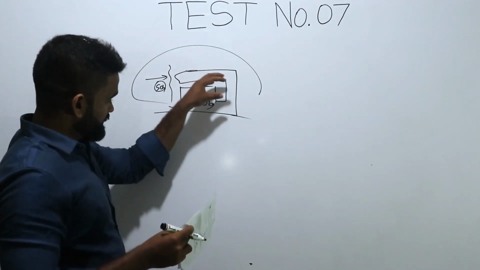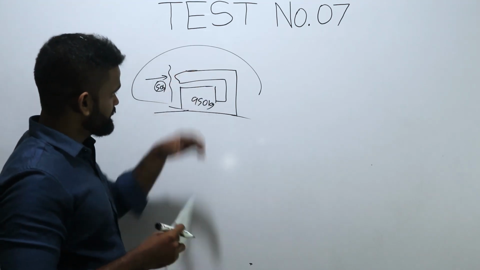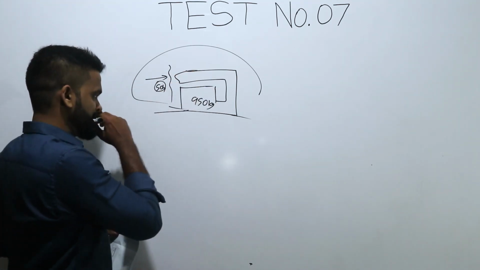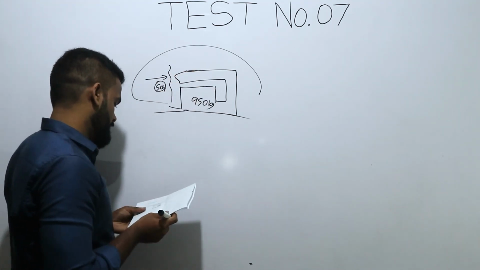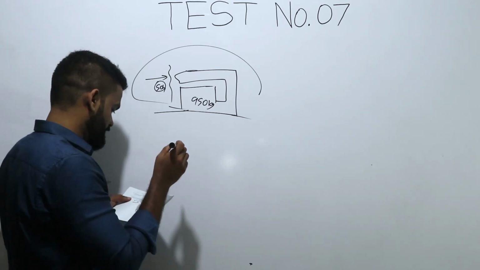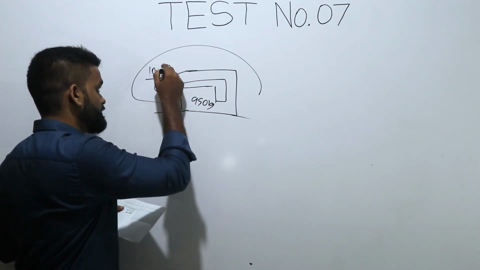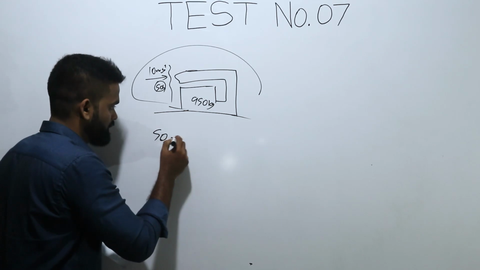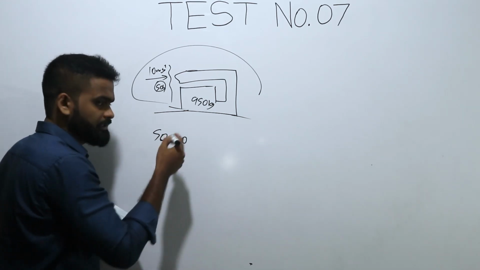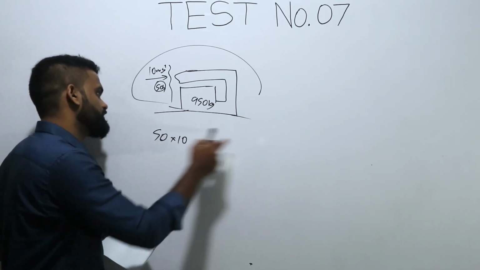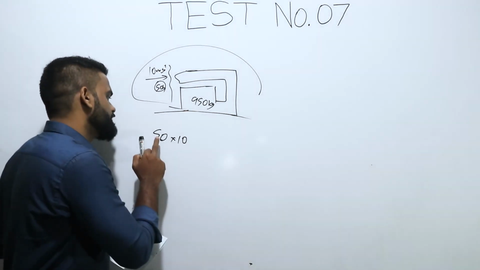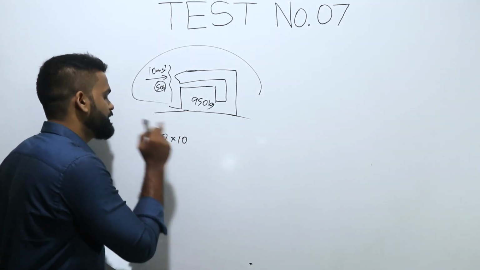Before, the velocity of the ball is 10 meters per second and the mass is 50. You don't have to convert this into kilograms because both sides have grams. So this is 50 times 10 meters per second.